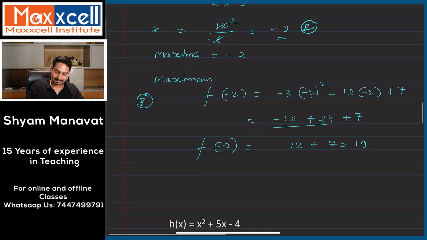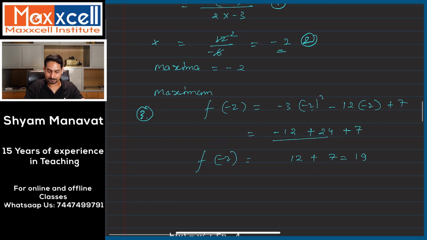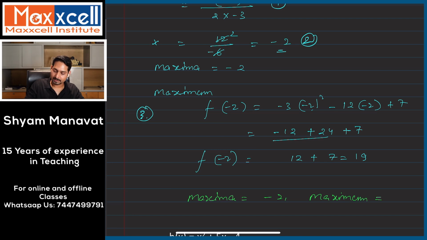So what is minimum? Let me write again, sorry, here it is maximum. Maxima is minus 2 and maximum is 19. So see, we don't have to plot any graph or anything. If you understand the characteristics of the graph, it's very easy for us to define whether it should be maximum or minimum, right?